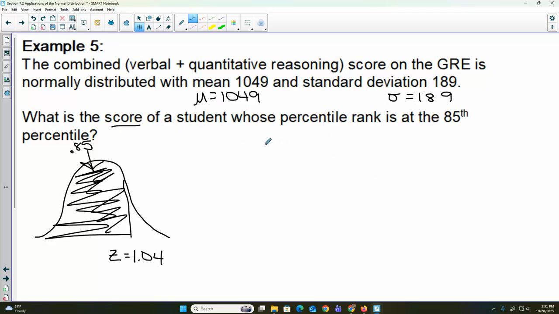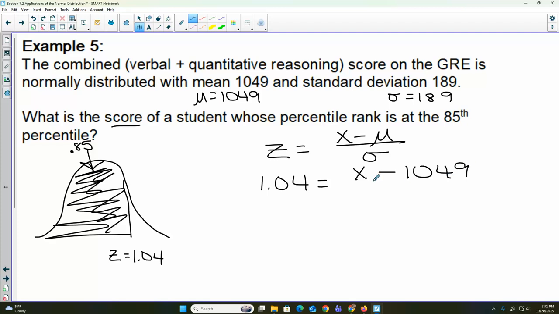Now I want their score. So think backwards. Z is x minus the mean divided by the standard deviation. I know the z is 1.04. X is their score, which I don't know. The mean was 1,049, divided by the standard deviation, 189.